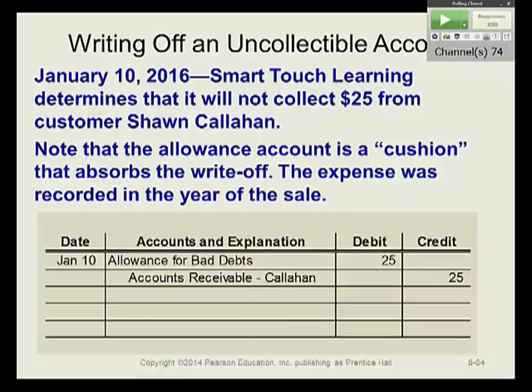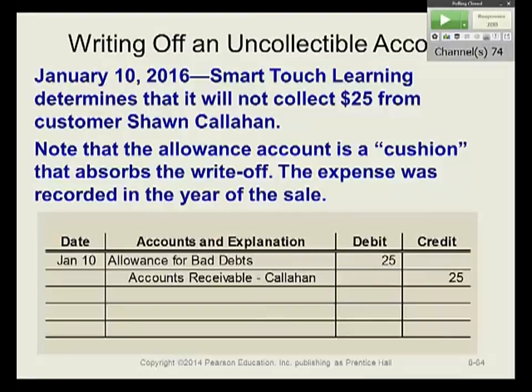The $25 is given to us in the problem. They tell you what the bad debts were. You said allowance versus direct write-off, so that one of them you cannot credit directly, the other one you can.